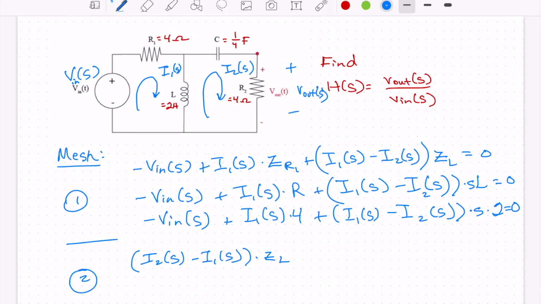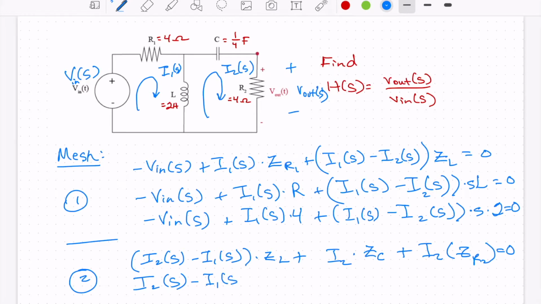So ZL plus I2 times ZC plus I2 times R2 or ZR2 equals 0.